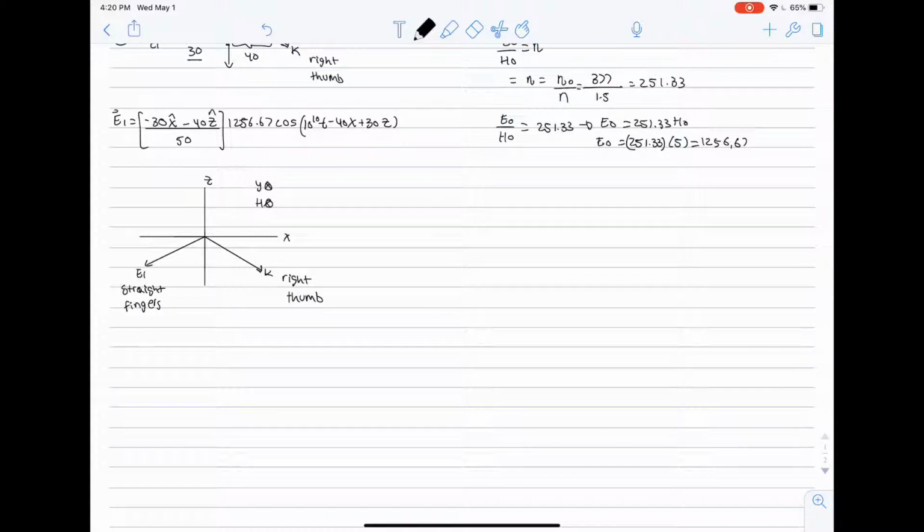And if we point our right thumb in the direction of K and our right fingers straight out in the direction of E1, when we curl our fingers, we see that the fingers point into the page. So that tells us that E2 is also into the page, which is in the positive Y direction.